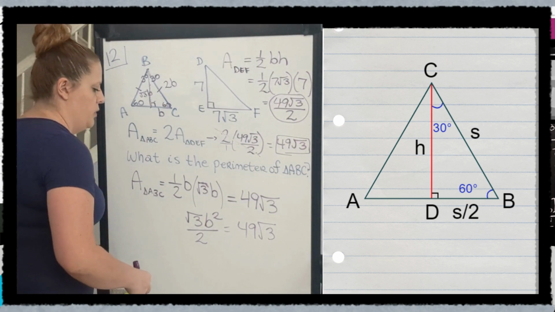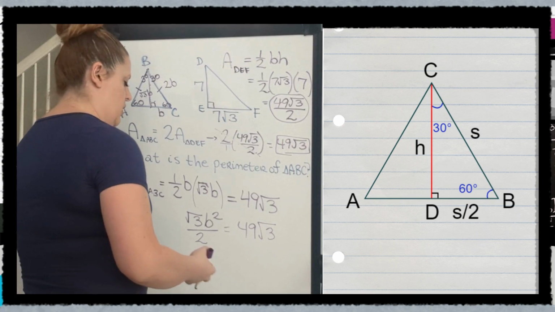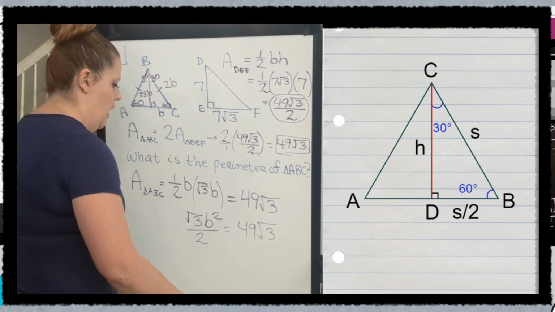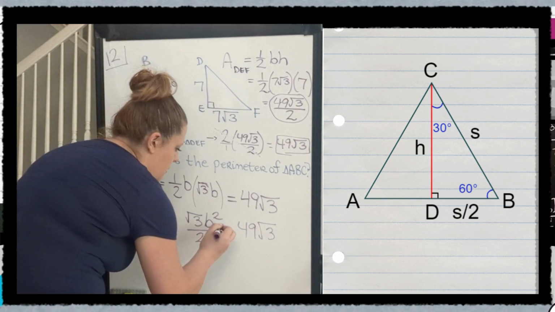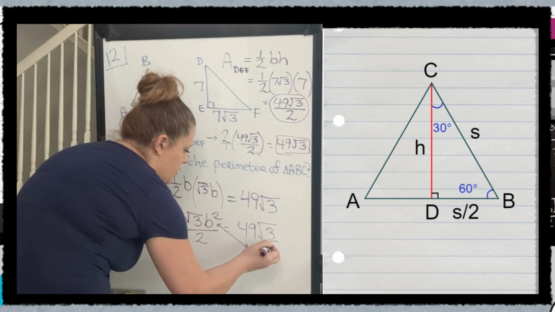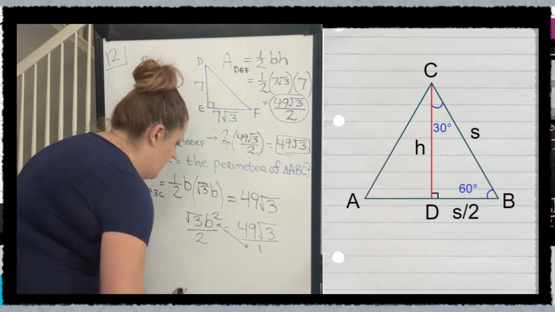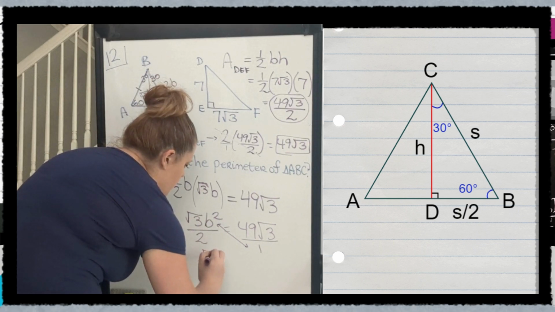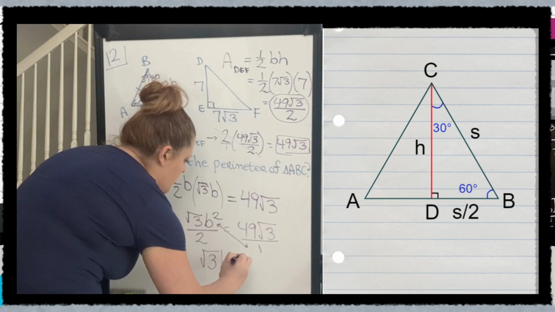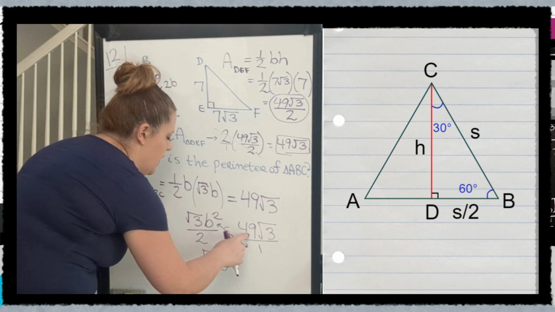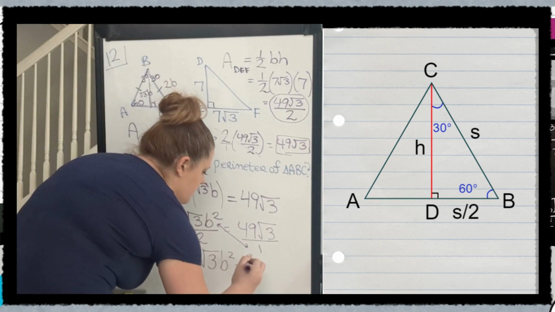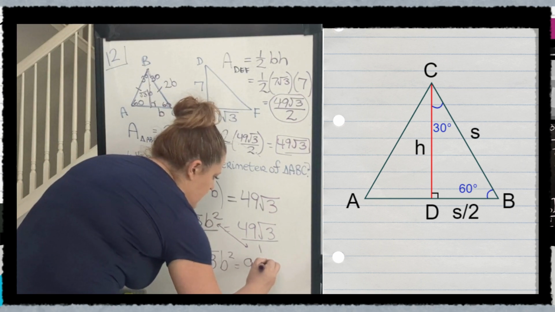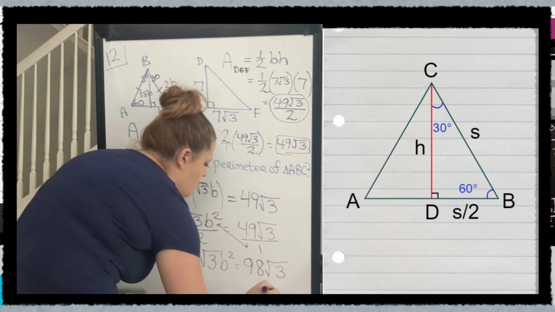You can cross multiply. You can multiply both sides by 2. I don't care which way you look at it. I'm going to go ahead and do the cross multiplication. Remember, this is over 1 if there's nothing else. So I have square root of 3 b squared is equal to 49 square root of 3 times 2. So 49 times 2 is 98, and we still have square root of 3.